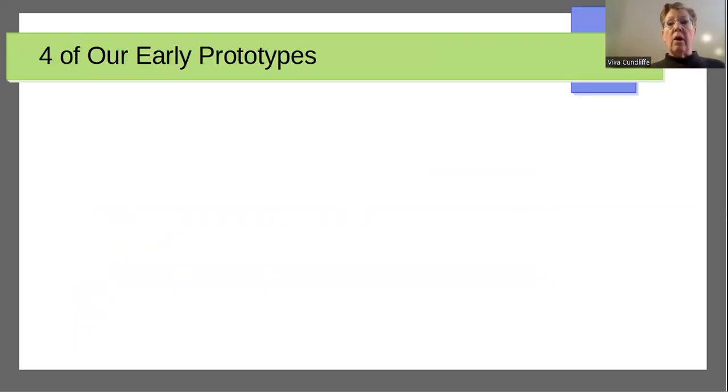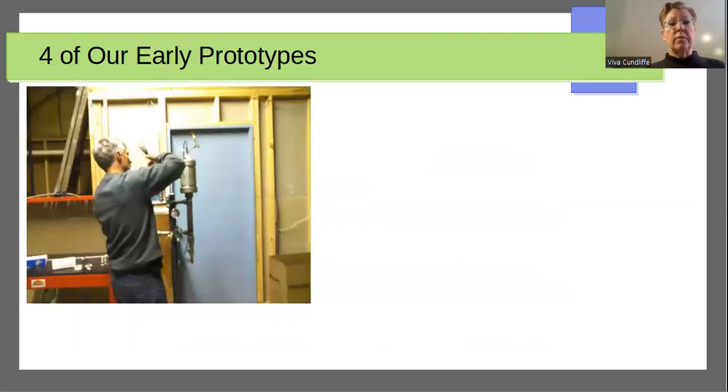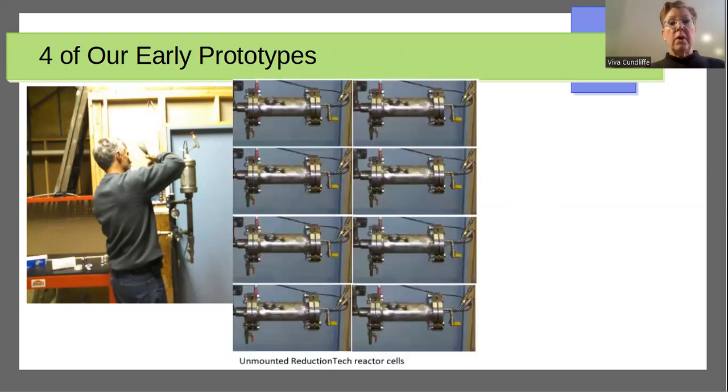Here are 4 of our early prototypes. This one received oxygen across the ceramic membrane and generated lots of sparged hydroxyl and high pH solutions. This one did the same thing as well too. It was a little bit larger.